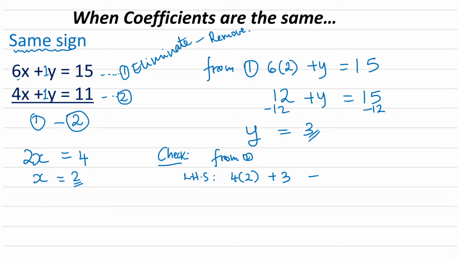What do we get? 8 plus 3, which is equal to 11. So the left hand side gives us 11 and the right hand side is 11. So now you can say therefore left hand side is equal to the right hand side. So that means your answers for x and y are correct.